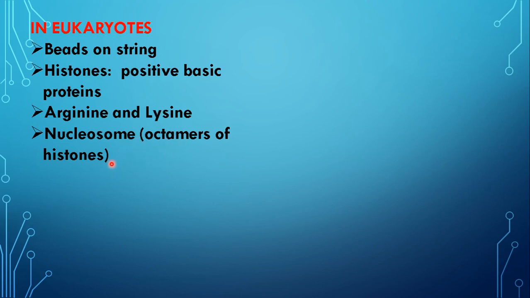This octamer of histones is referred to as the nucleosome. The histones can be classified as H2A, H2B, H3 and H4. These four types each exist in pairs, which counts to a total of 8, making an octamer.